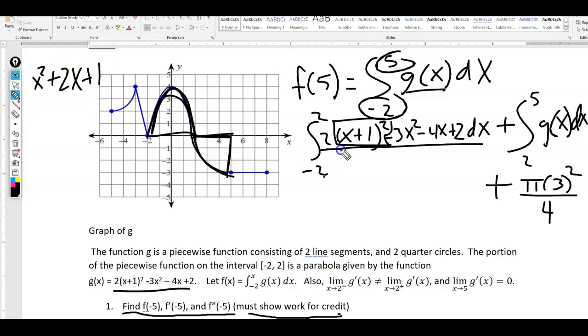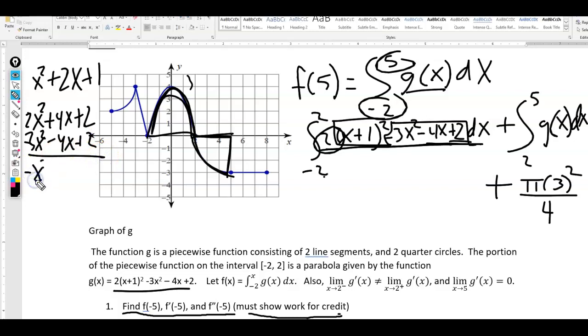Now we're going to multiply that by 2, and that gives me 2x squared plus 4x plus 2. Then we combine all these terms with it. I'm going to subtract the 3x squared, subtract the negative 4x, and add the 2. So what I'm left with is a negative x squared, those cancel, plus 4.